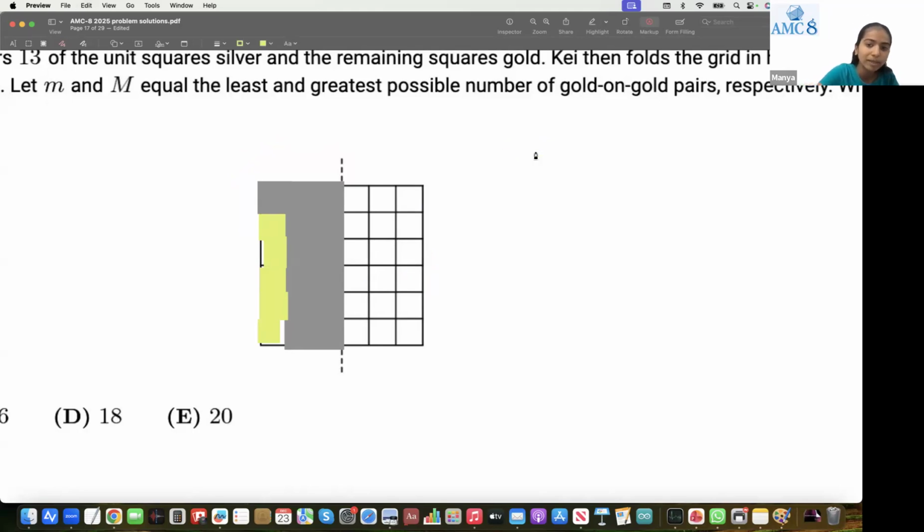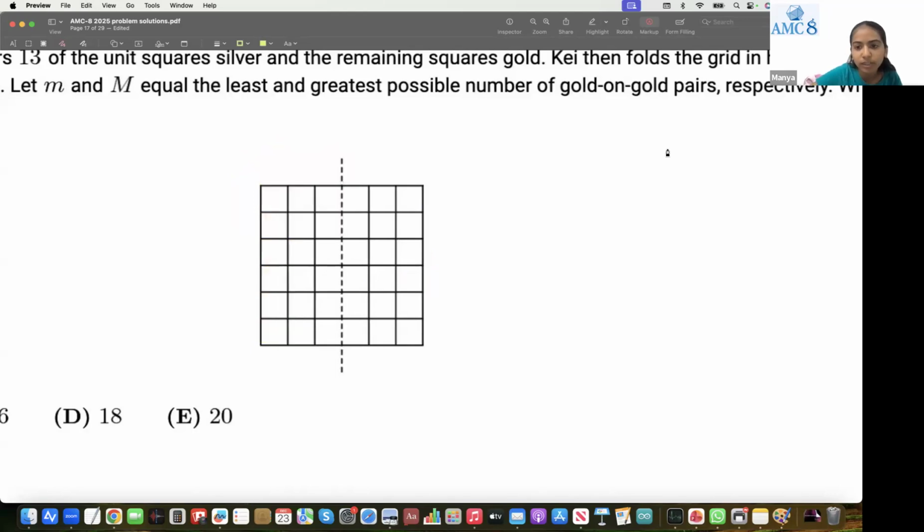But now we'll make it the largest value. For it to be the largest value, first let me start by using silver. How about we do 6 here. And now when we fold in half vertically, we already know that it'll be the same thing on the other side.